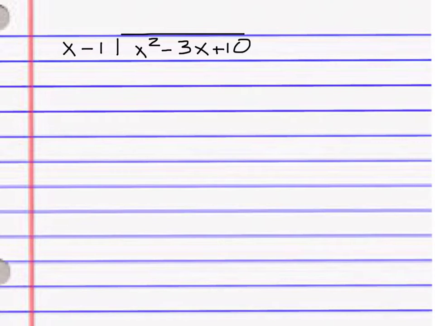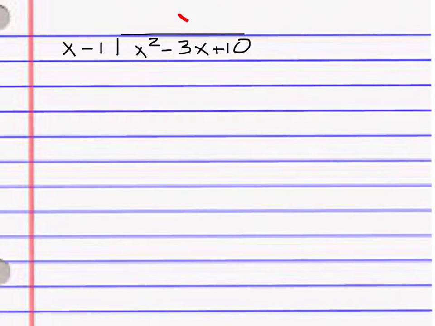We're going to divide x squared minus 3x plus 10 by x minus 1. I'll use a red marker here. All right. My first step is to find out what I multiply x by to get x squared. It's x. It won't always be x squared in that spot and then x outside, but in these two examples it is.